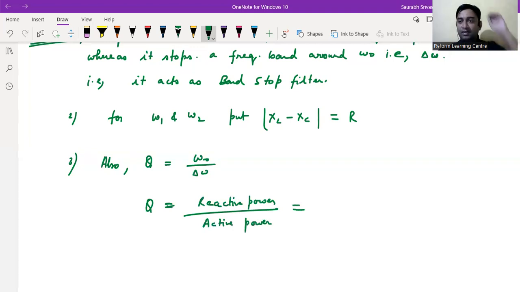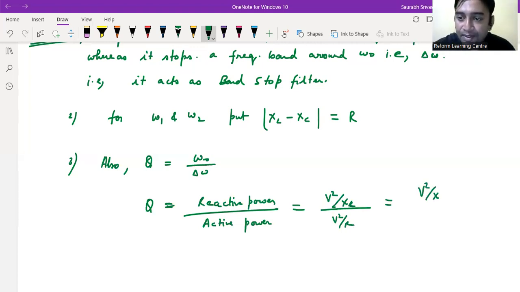What is reactive power? It is a parallel circuit, therefore voltage supply is fixed. In terms of voltage, reactive power is V square by XL. Active power is V square by R. And since XL and XC are same, equal, therefore we can also write V square by XC upon V square by R.